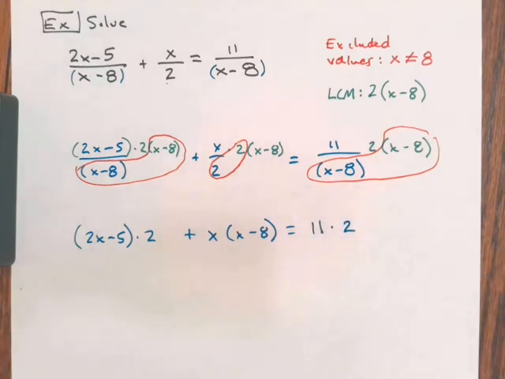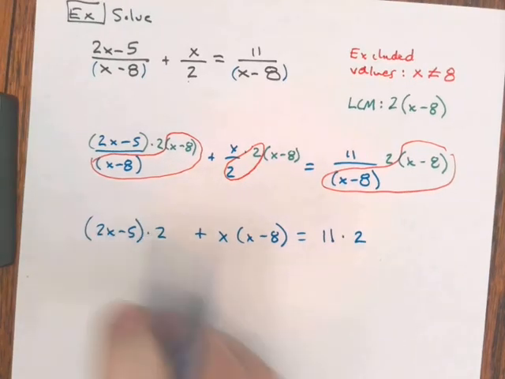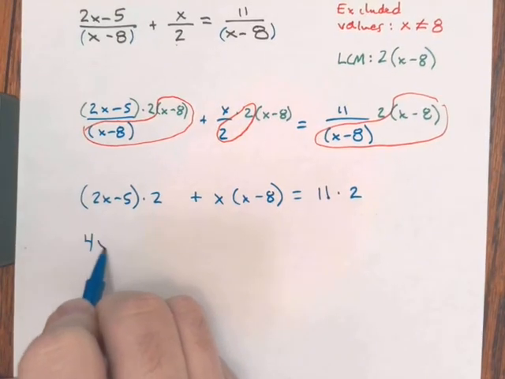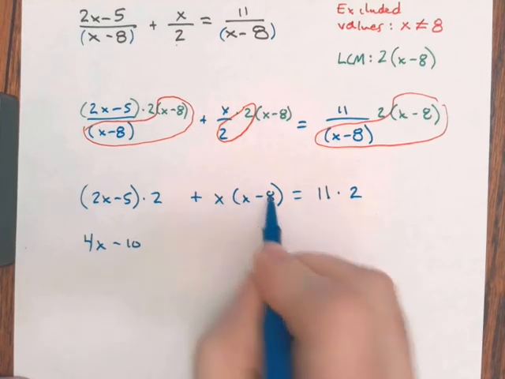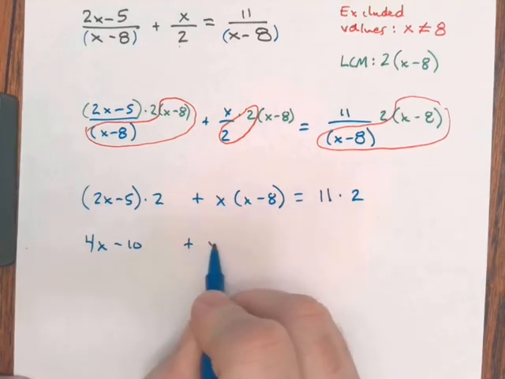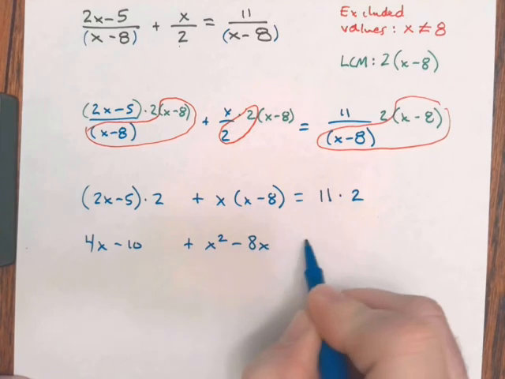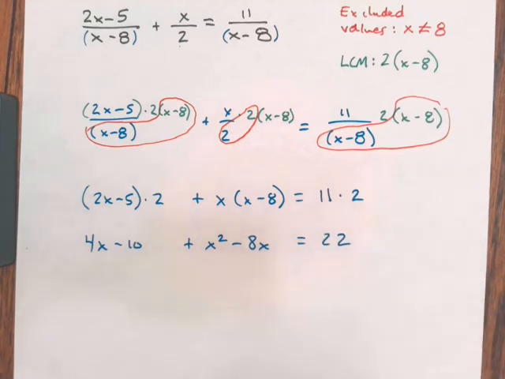Getting rid of some parentheses here, distributing this 2 in, gives me 4x minus 10. Distributing the x in here, plus x squared minus 8x equals 22.